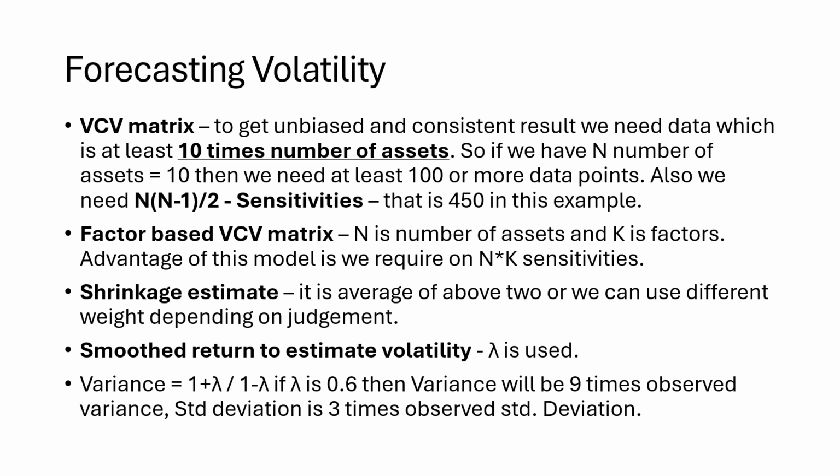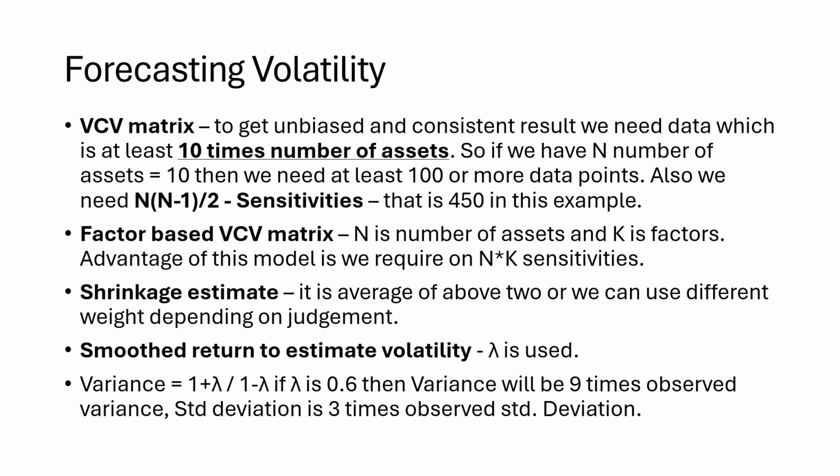And the fourth one is the easiest way to forecast the volatility. Here we have used a lambda factor. So lambda is estimated. There are calculations. Again, those calculations are not part of the LOS. So we just use this as it is given. So what is the variance?